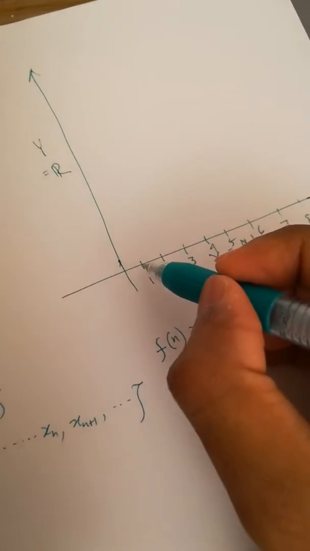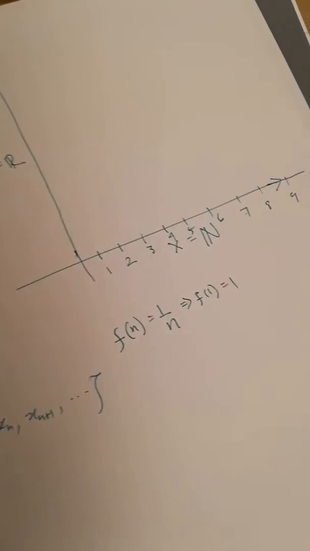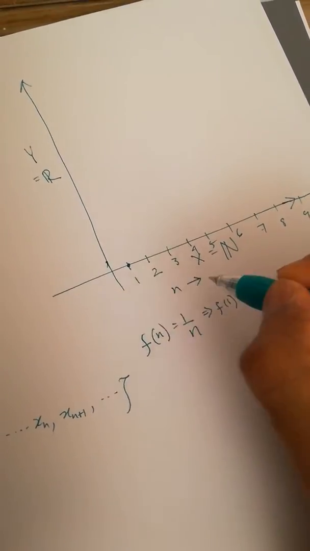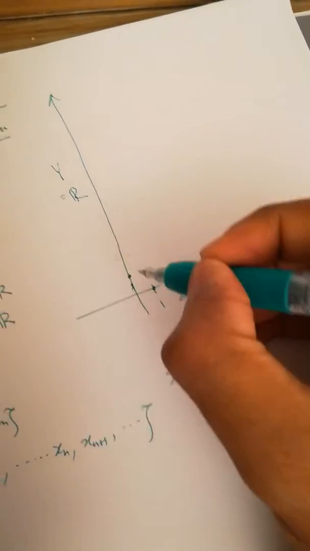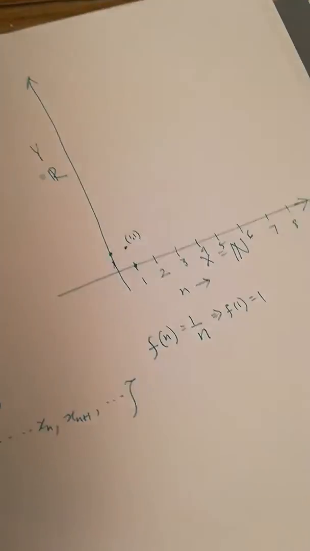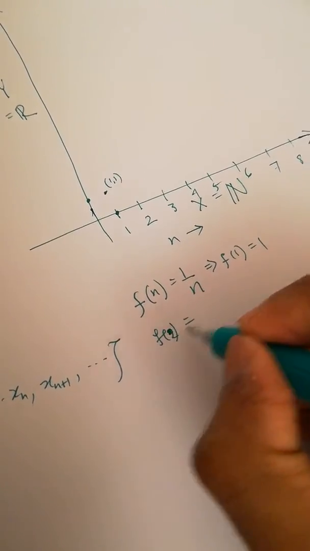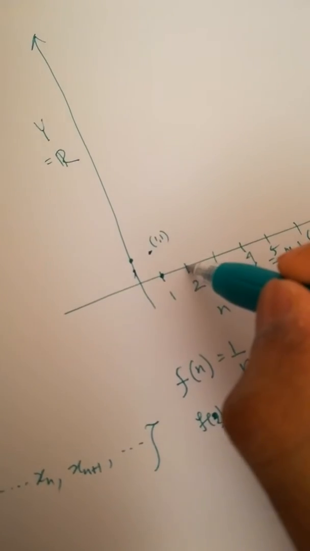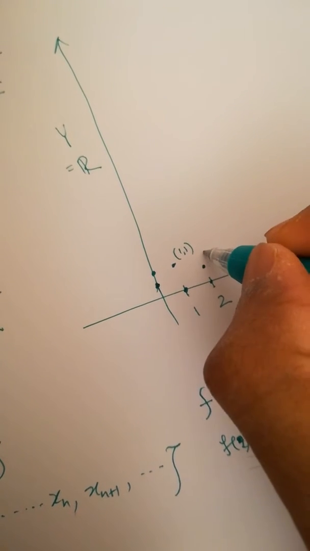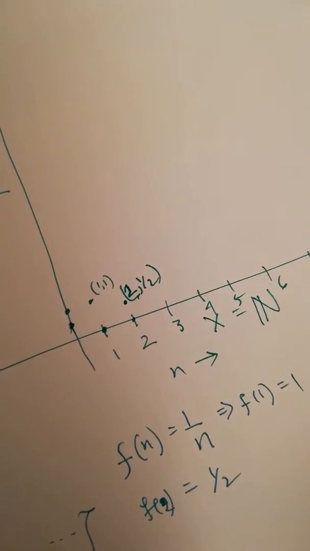Now what is the value of f(1)? We already know f(1) equal to 1, right? So when n equal to 1, this is the n axis, this is 1, so this is the point (1, 1). Now what is f(2)? f(2) is half. So when n equal to 2, this is somewhere at half, so this will be the point (2, 1/2), right?